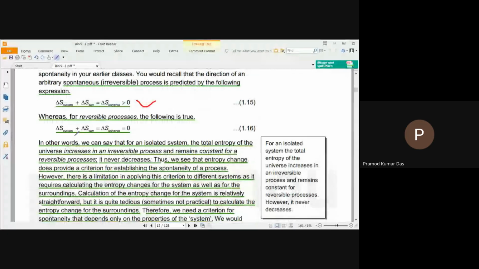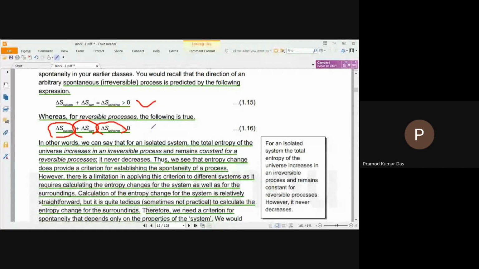But for a reversible process, delta S system plus delta S surrounding equals delta S universe, that is equal to zero. That means for a reversible process, the total change in entropy of the universe is zero. But for an irreversible process, the total change in entropy of the universe is greater than zero.